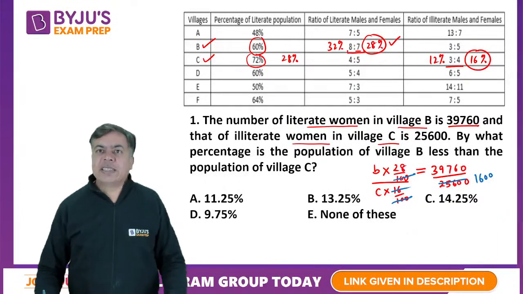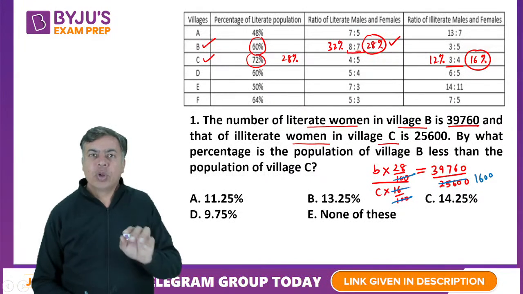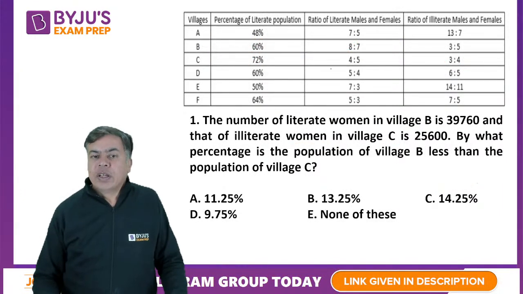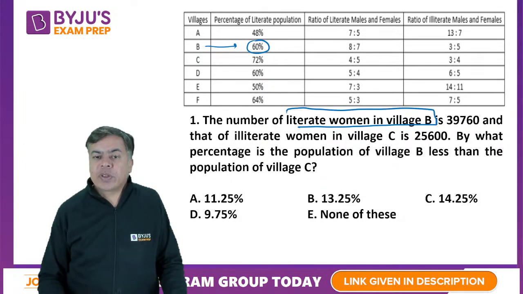Nikita is saying explain again. Okay, let's have a quick revision. If the literate population of B is 60%, and he wants literate women in village B, that is 7 parts out of 15.